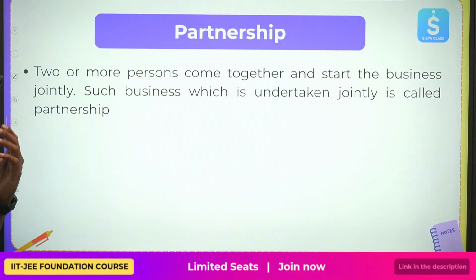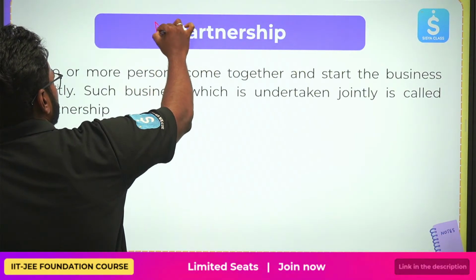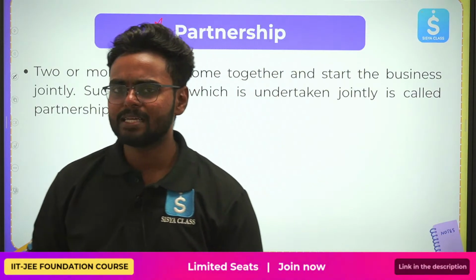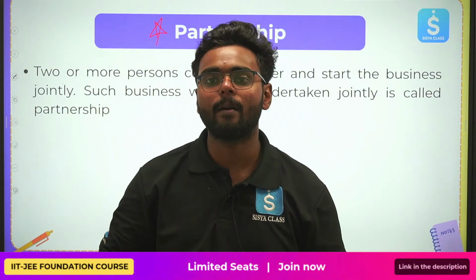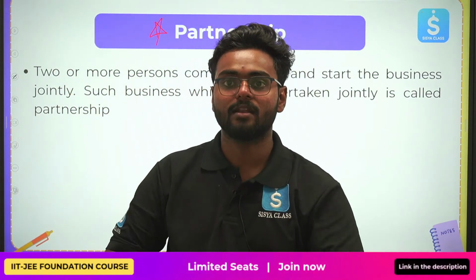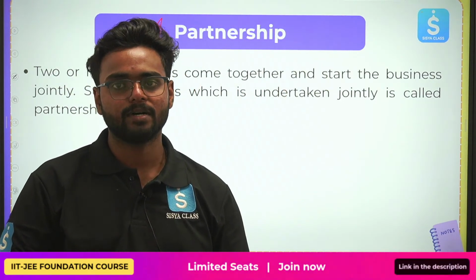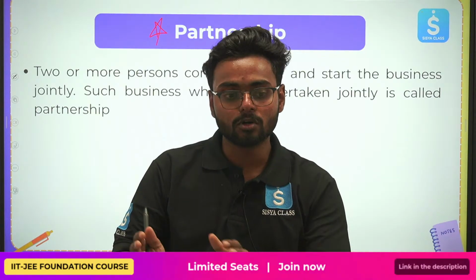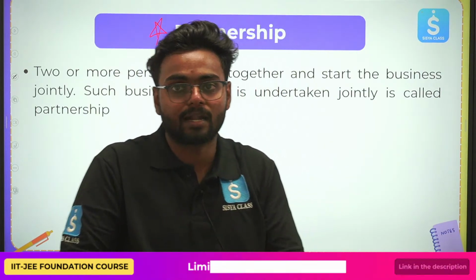Coming to this final concept, which is partnership. Partnership is an important concept, right? Partnership basically says that if you have a large capital to put into a business or any organization, you'd be needing more than one person. This is called a partnership between those people, who individually are partners.